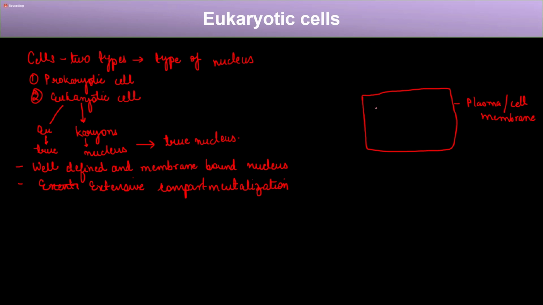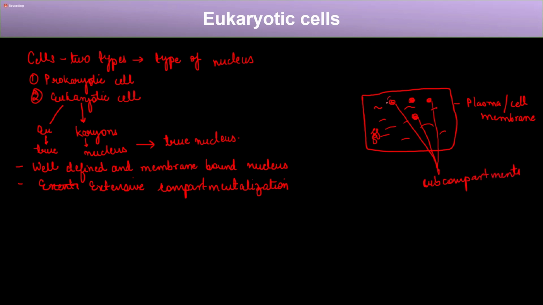Next, we had a semi-fluid matrix, which was the cytoplasm. Apart from this, we had genetic material, but there were also various subcompartments inside a cell, and these were of different types.